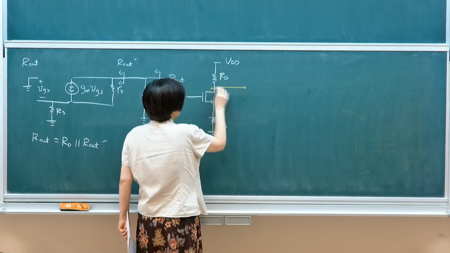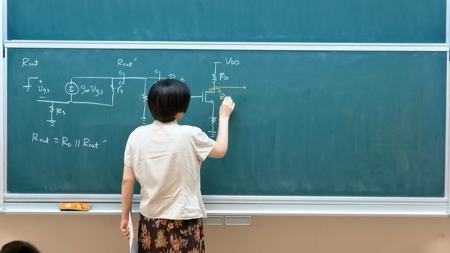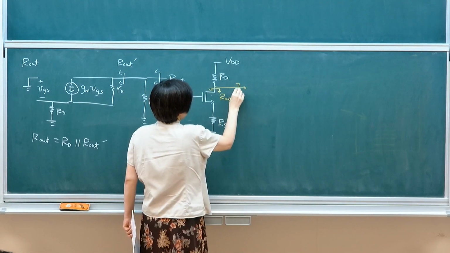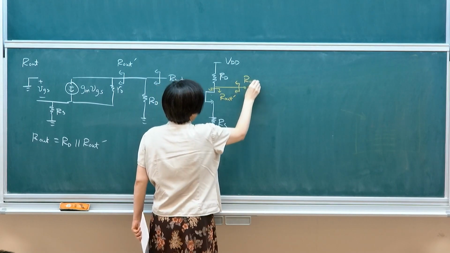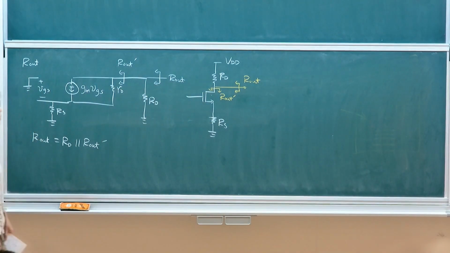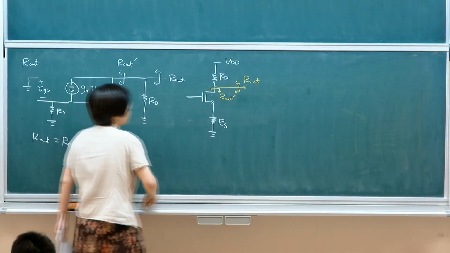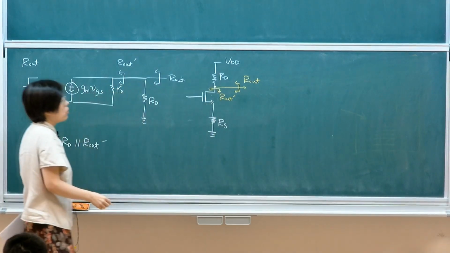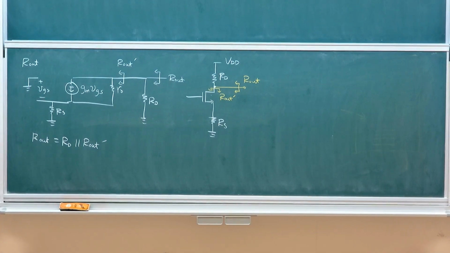If this is the RO, this is referred to as RO prime. And if you're looking in from the output terminal, that's R out. That's what I meant by these two terminals where you are expecting your output resistance to be. Okay?